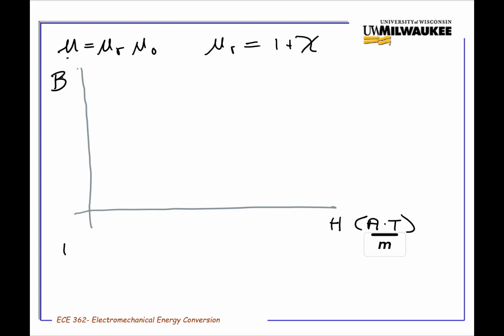One quick thing about the units on B. We said that B is Webers per meter squared, but there's a nice shorthand way of writing that, and we use something called a Tesla, or T. That is the SI unit, so everything is now in SI units. We'll come back to some different units again in a moment.